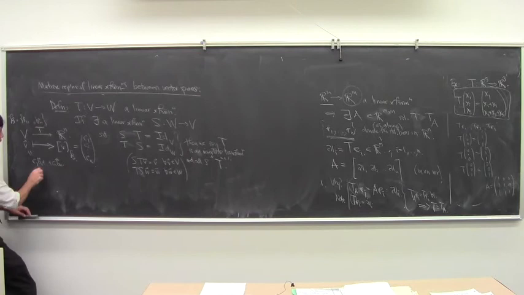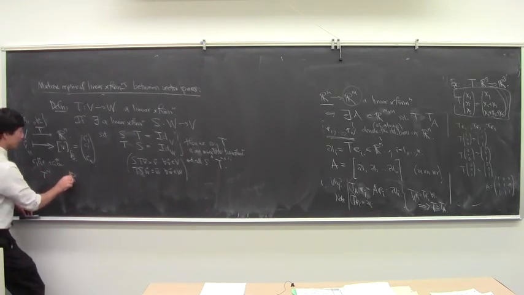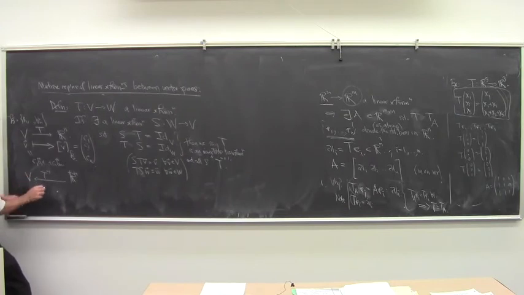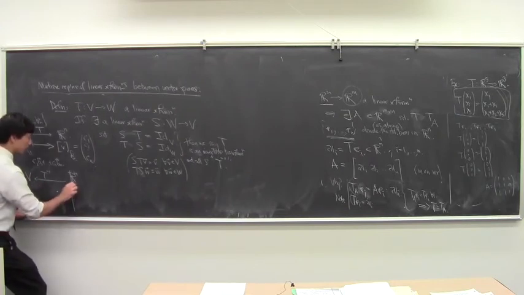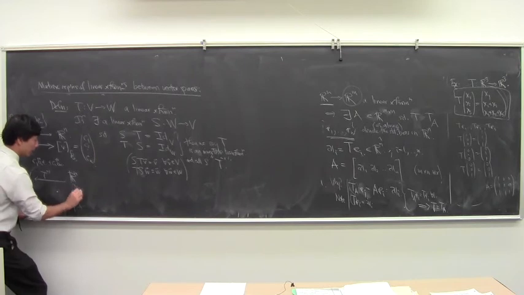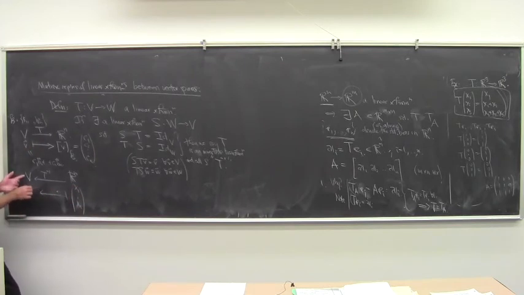Now we want a T inverse. What's T inverse going to be? It's going to be a map from Rn back to the vector space. It's going to take something in Rn and give you something back in the vector space. How should it act to undo what just happened?